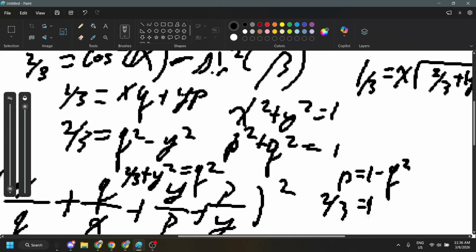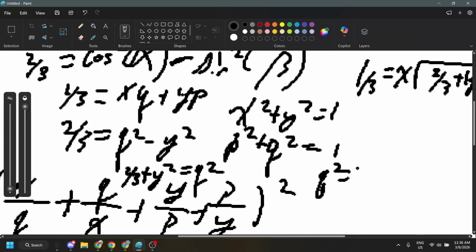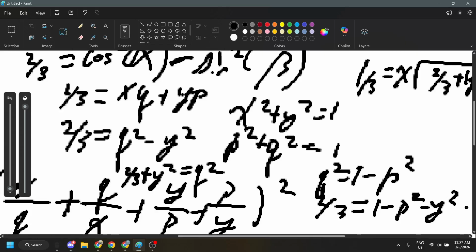Q squared is equal to 1 minus p squared, so 2/3 is equal to 1 minus p squared minus y squared.